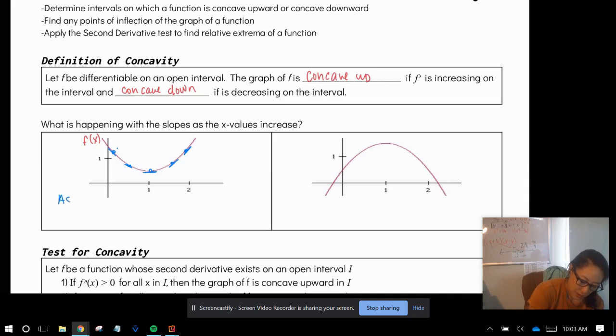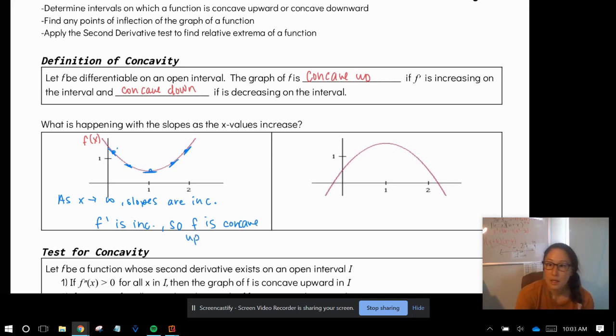As x goes to infinity, the slopes are increasing. They start negative and then they get really positive.